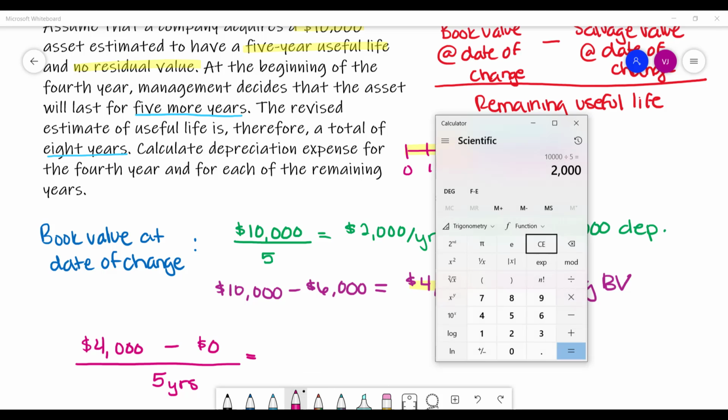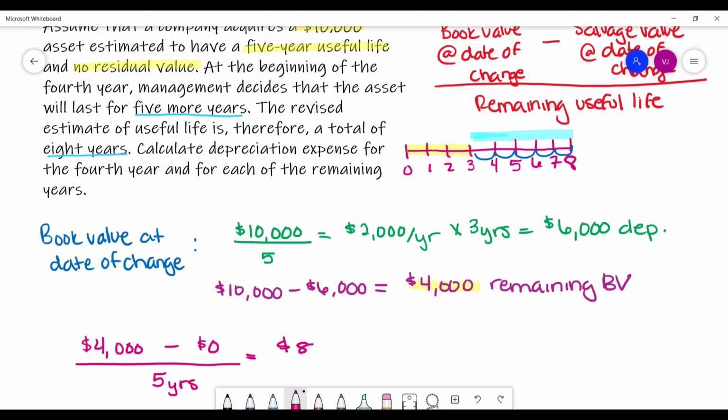So we take our calculator and we do 4,000 divided by 5. That means a revised depreciation each year's $800. So that's a depreciation expense each year for the next 5 years. So we don't go and change the depreciation that was recorded for the first 3 years, but now that we've revised our estimates, at least just for the years coming, so for year 4 up until the end of year 8, we will record the revised depreciation of $800 a year instead.